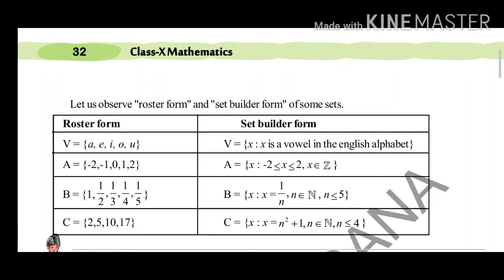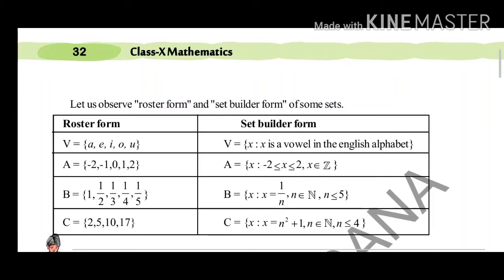You have to know that in set builder form we can follow some syntax. You can see here one more set, B is equal to {1, 1/2, 1/3, 1/4, 1/5}. How can you represent it in set builder form? The set of all x such that x is equal to 1 by n. n means here it is a natural number, or not?